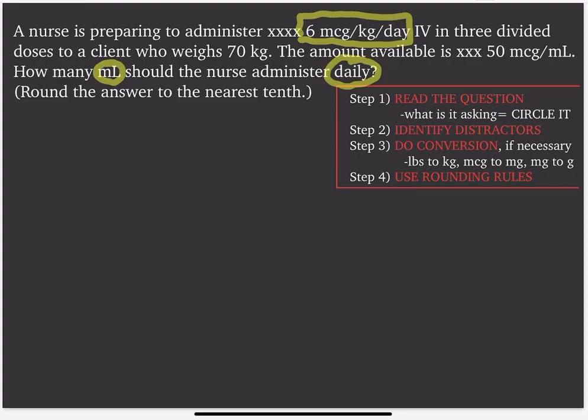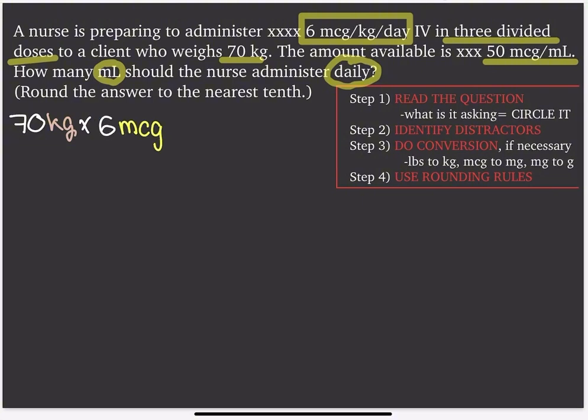So our hub is 6 micrograms per kilogram per day. And we're going to use 3 doses. The patient weighs 70 kilograms and the available is 50 micrograms for every 1 milliliter. Okay, so we're going to multiply 70 kilograms by 6 micrograms.